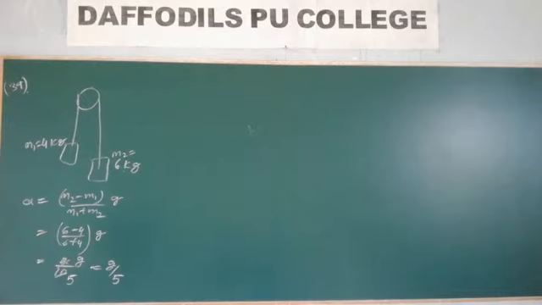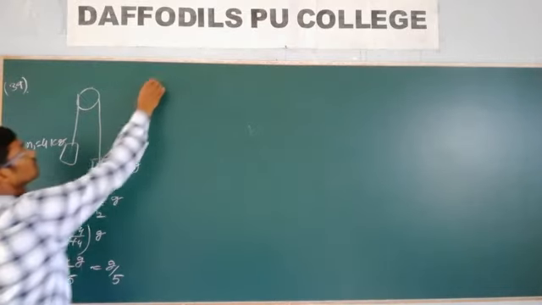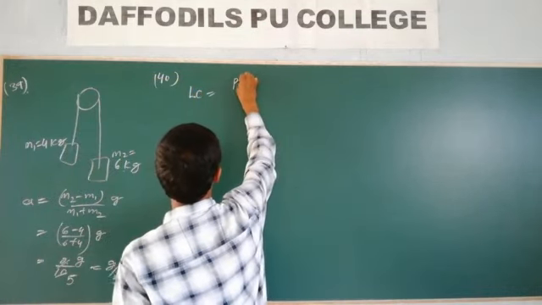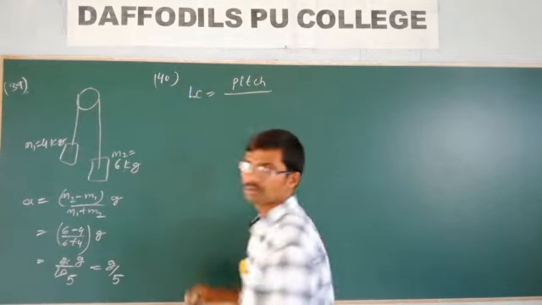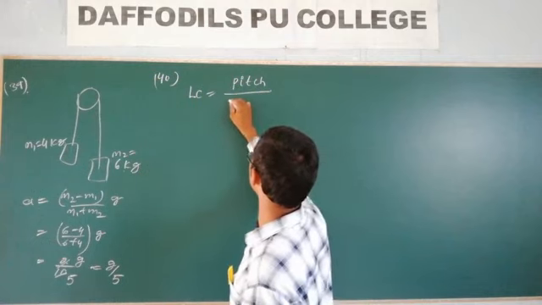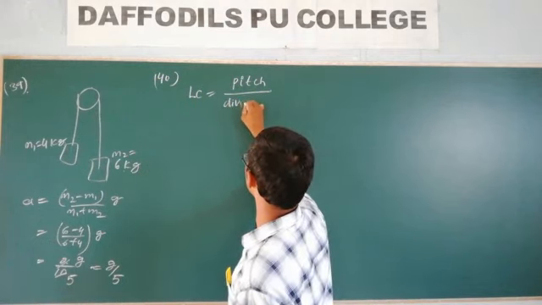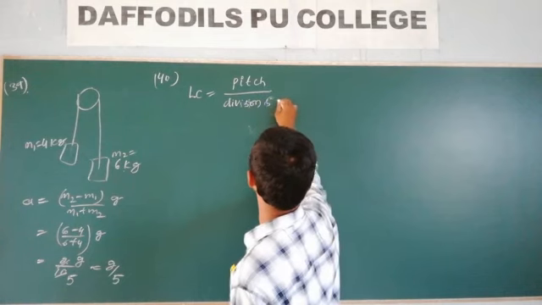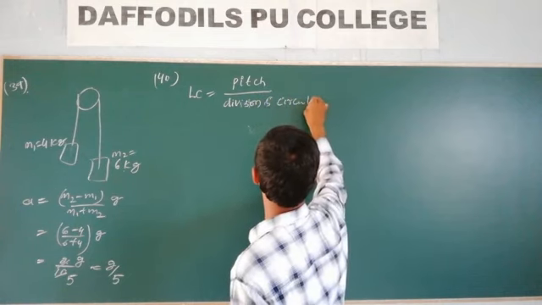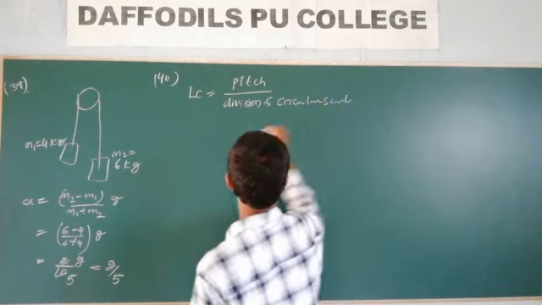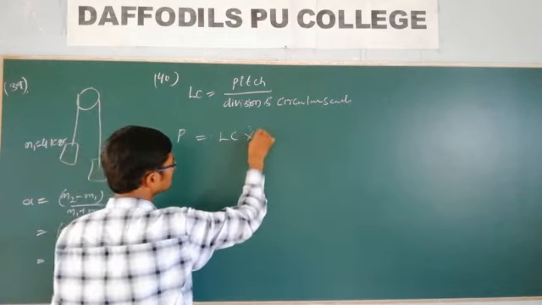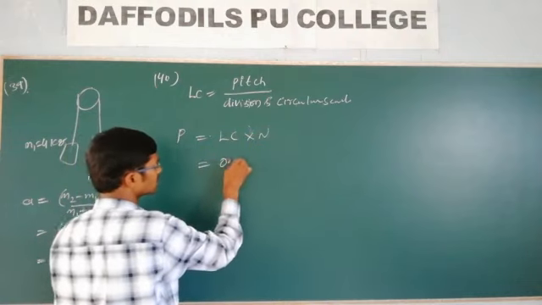Let us go for the next one, which is based on least count. A screw gauge has least count 0.01 mm. The number of divisions is given, and it asks the pitch of the screw gauge. What is the least count formula? Least count is equal to pitch of the screw by number of divisions on the circular scale.